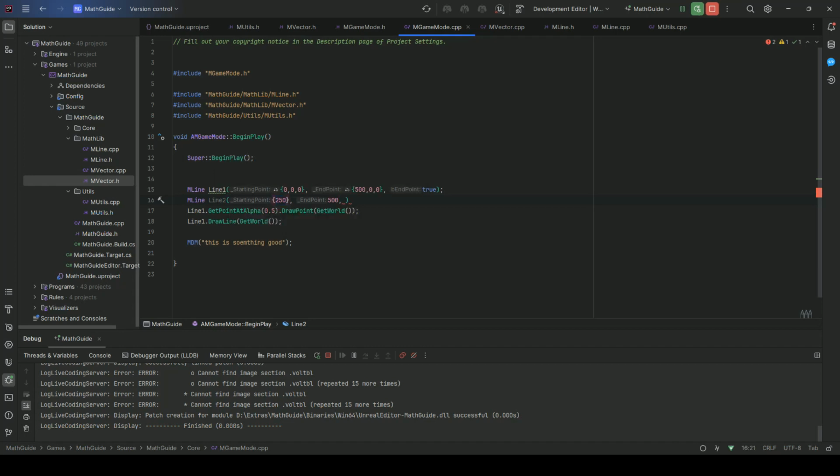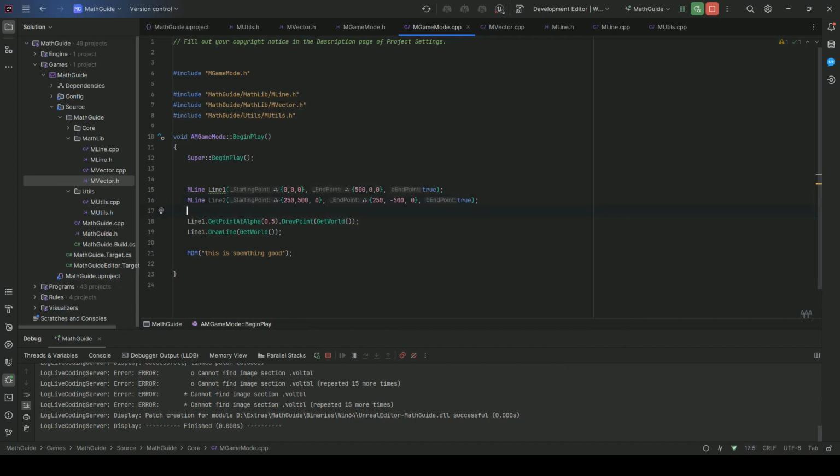So 250 comma the y will be 500, or anything you can pick, and it will be 0. For the ending, the x will remain the same, so 250 comma the y will become minus 500, and it will be 0. And the endpoint, yes, so true.